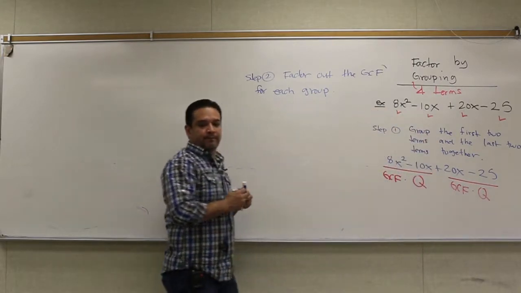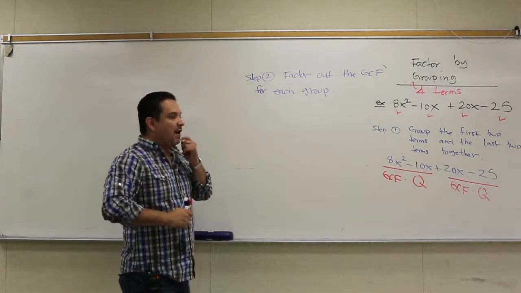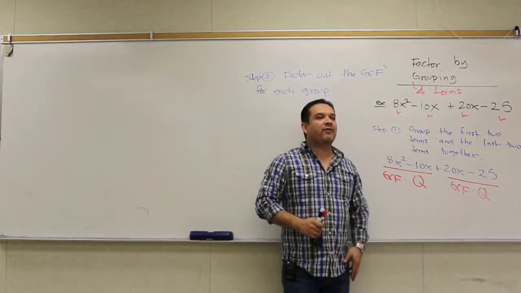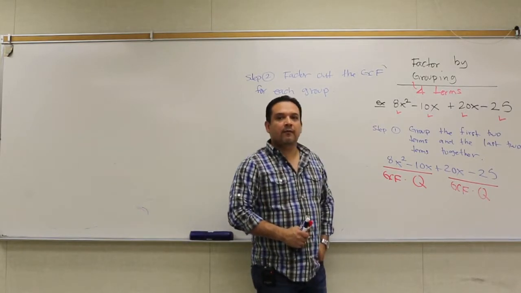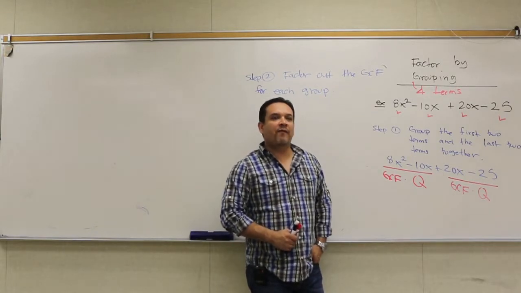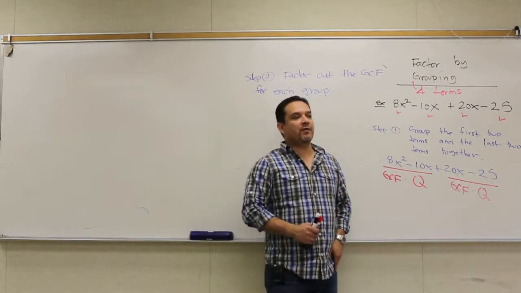Quotient. Okay, so that's step number 2. So step 2 is actually where we started today. Factor out your greatest common factor. Okay, you guys with me on this? So factor by grouping is 2 factor out greatest common factor problems.